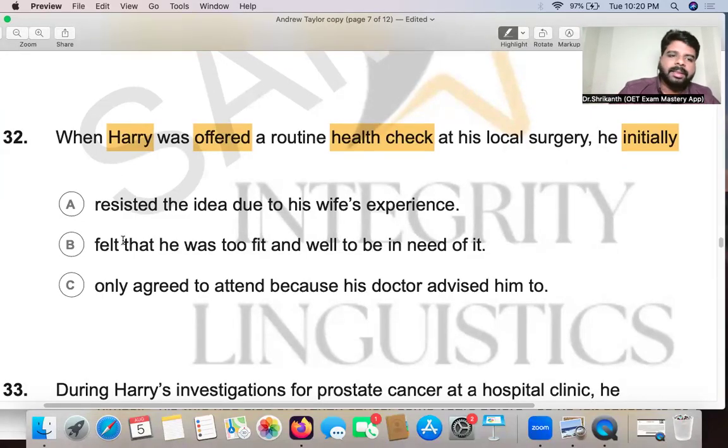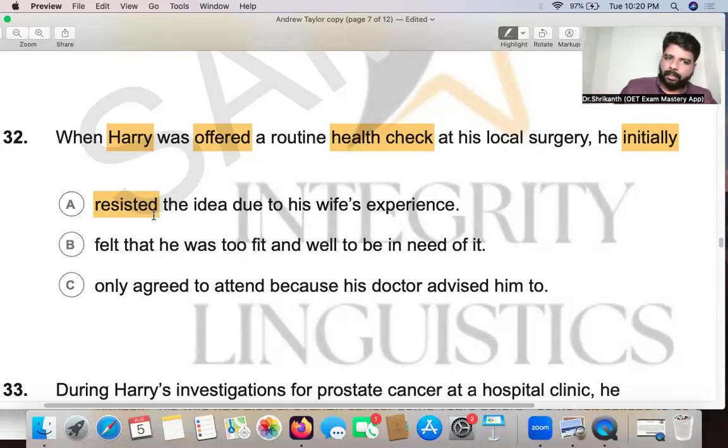Answer option A is he initially resisted the idea due to his wife's experience. Now, resist means what? Those who are doing OET speaking, what does the word resist basically mean? Can anyone type the answer in the chat box?